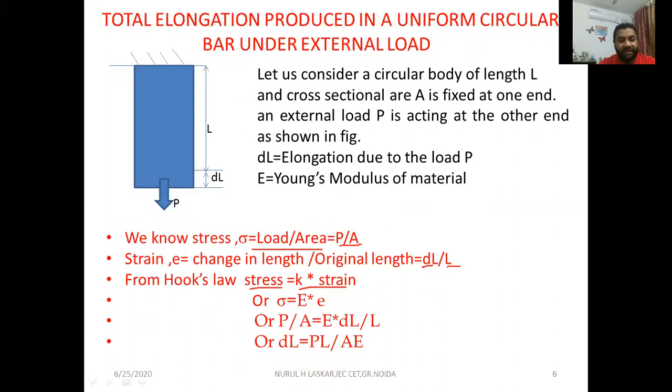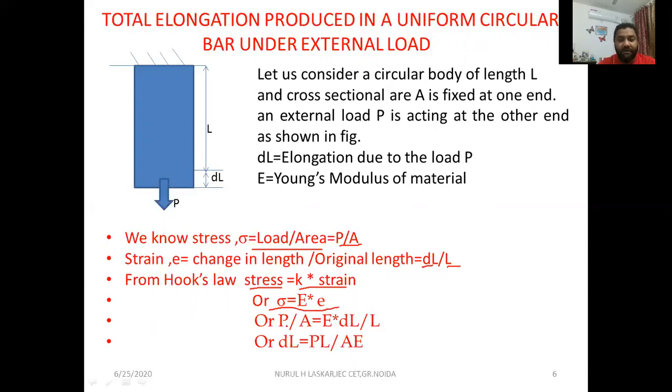Since here linear stress is there, linear strain is there, so the K will be your Young's modulus, because Young's modulus is defined as the ratio of linear stress to the linear strain. So I can write sigma is equal to E, capital E into small e.